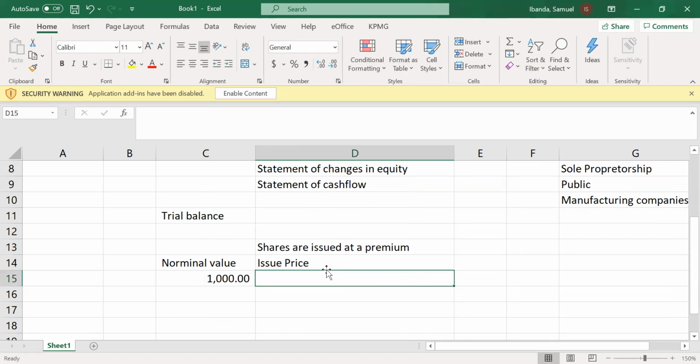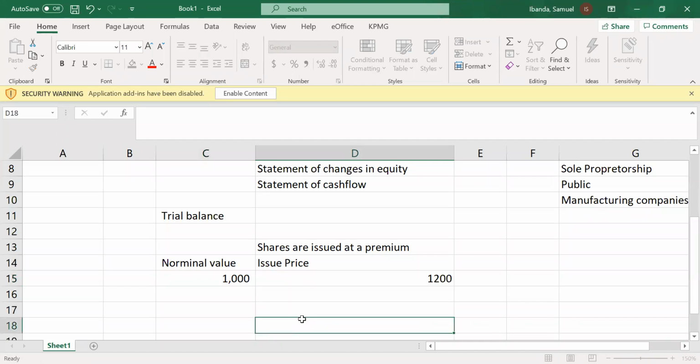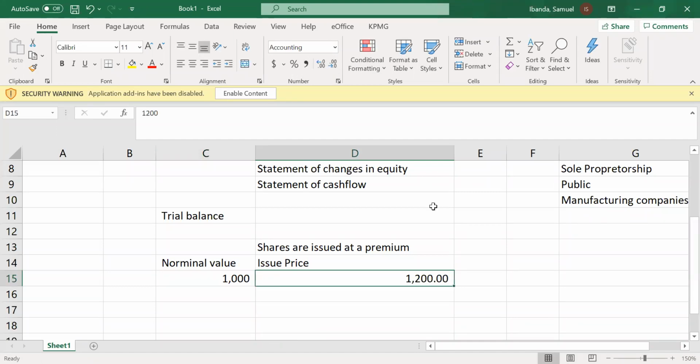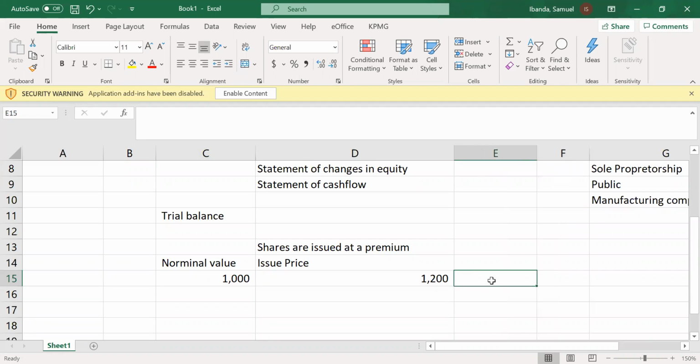So instead of 1,000, they can issue this share at 1,200. You can see that the nominal value is 1,000, but they issue the shares at 1,200. So what does that mean? It means that shares have been issued at a premium.